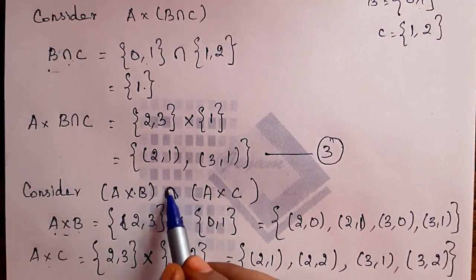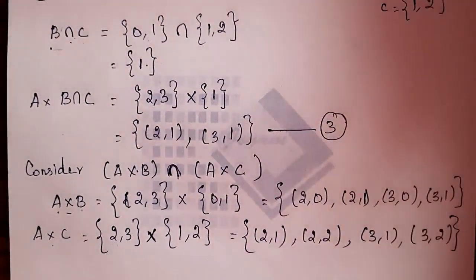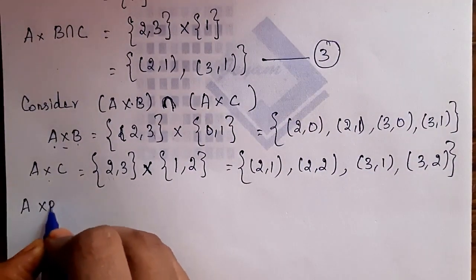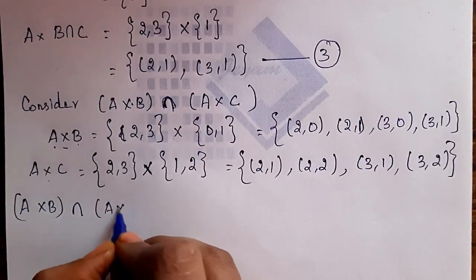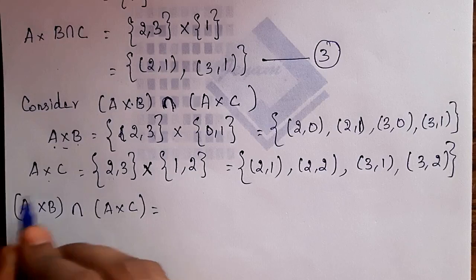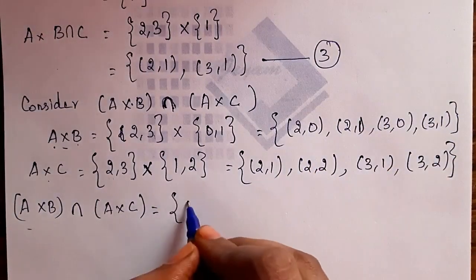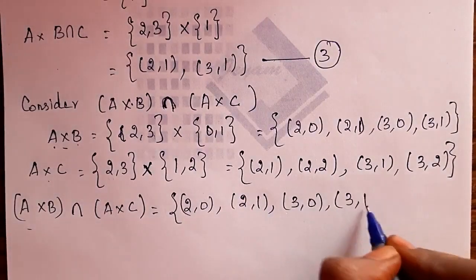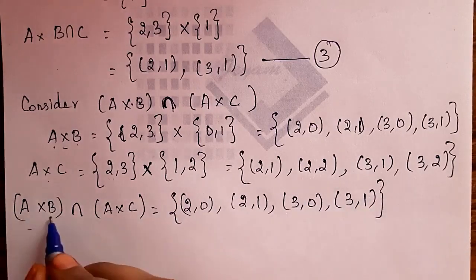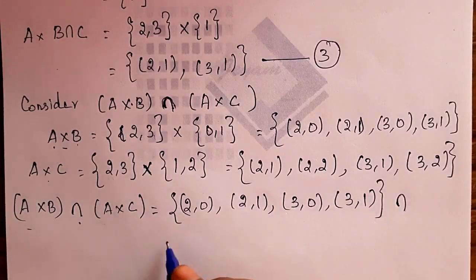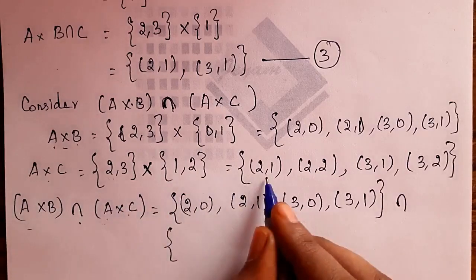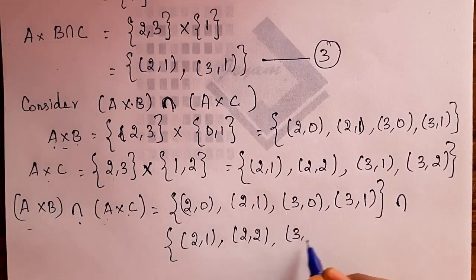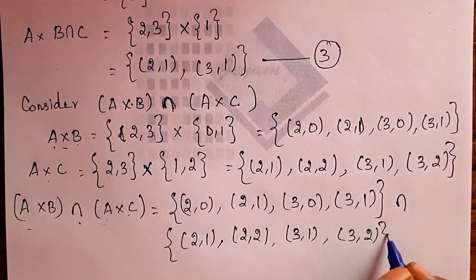Next we can do the intersection. So next step is (A cross B) intersection (A cross C) is equal to, you write the set first. The set of all (2,0), (2,1), (3,0), (3,1). First set over. Next intersection. Next set, A cross C, that is here: (2,1), (2,2), (3,1), (3,2).